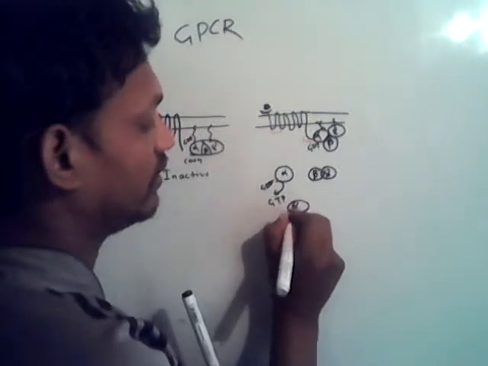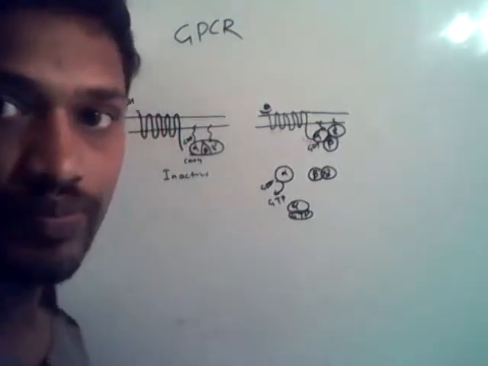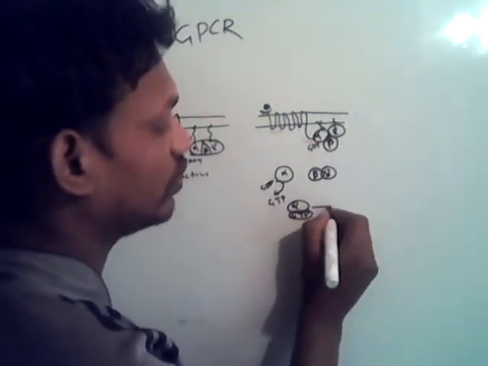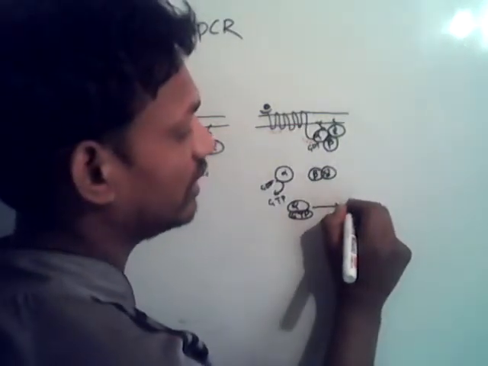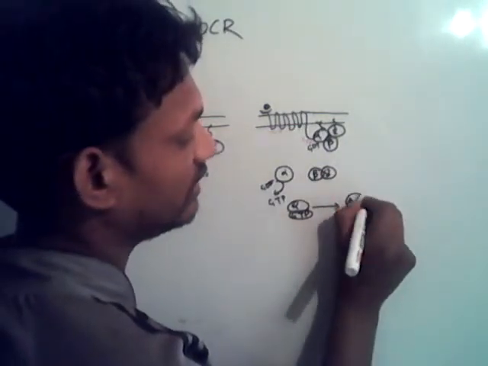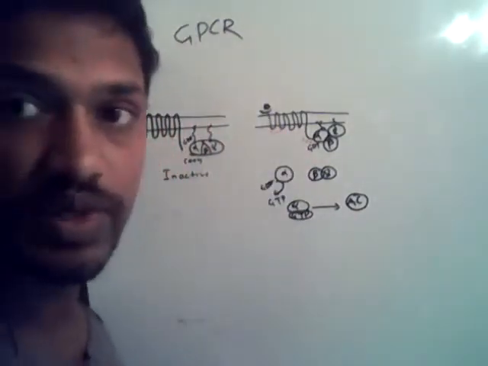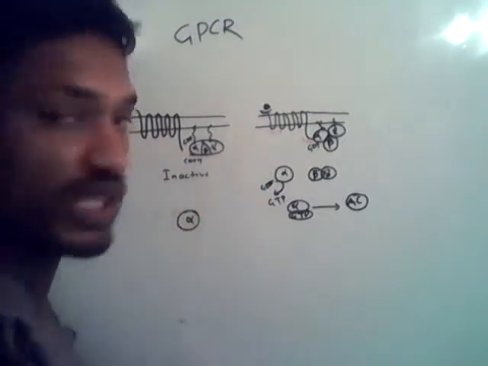Now alpha GTP is formed. As alpha GTP is formed, in general it goes to the adenylyl cyclase. It inhibits or activates adenylyl cyclase depending upon which kind of alpha protein.